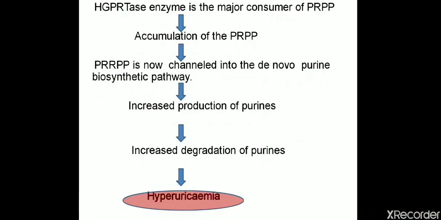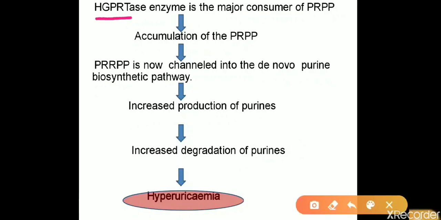The reason is the complete deficiency of HGPRTase enzyme, the major consumer of PRPP. That results in accumulation of PRPP, which is channeled into the de novo purine biosynthetic pathway, producing more purine nucleotide, more catabolism, and more and more uric acid.